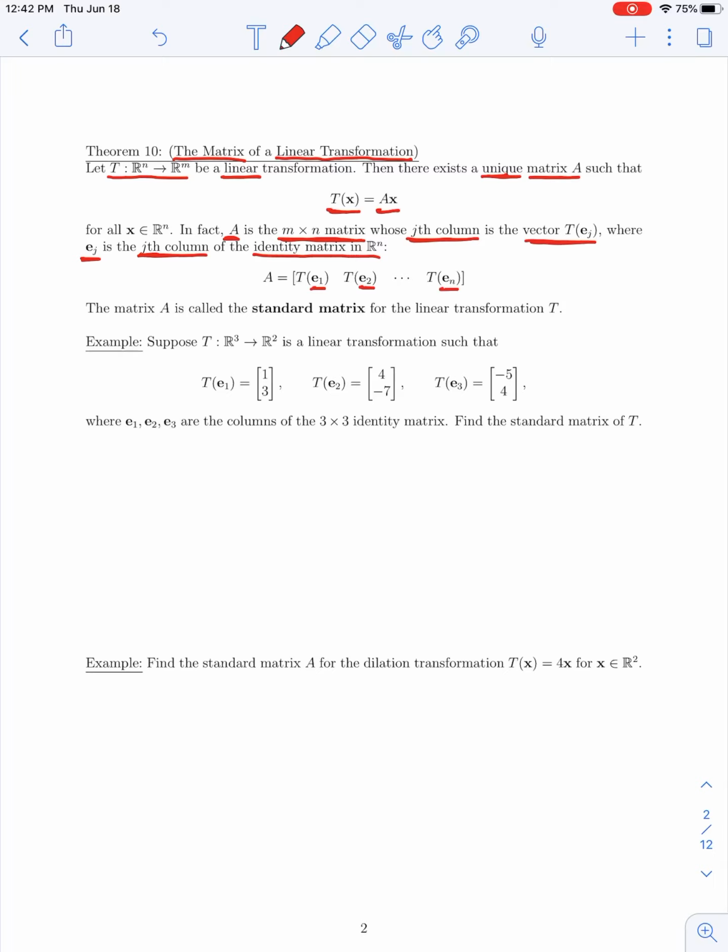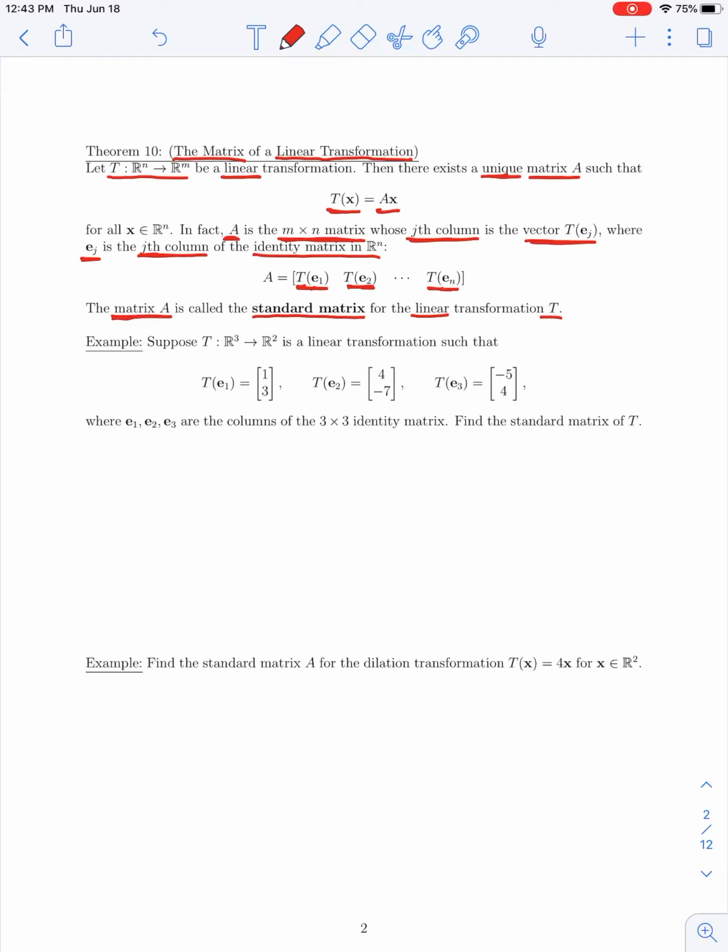If we take the transformation of each of those columns as the columns of a matrix A, that matrix A is the matrix describing that transformation T. And this matrix A, which is describing our transformation, is called the standard matrix for that linear transformation T.